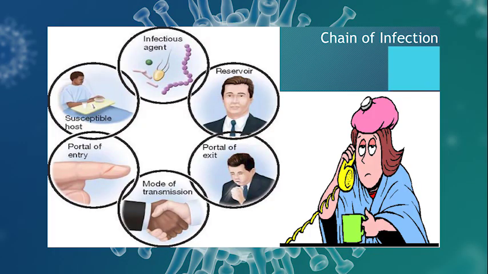So what else do we need to have in that chain? You've gotten out, you know how you're going to get from point A to point B, but you have to get the portal of entry. How does it get out of person A and get into person B? That's when we need the link portal of entry. So think about it.